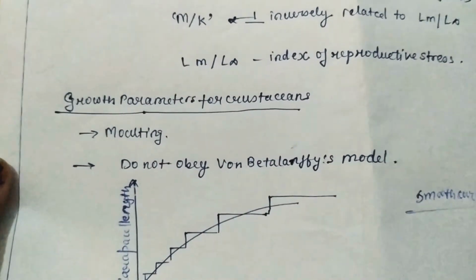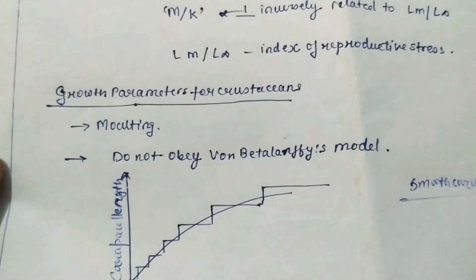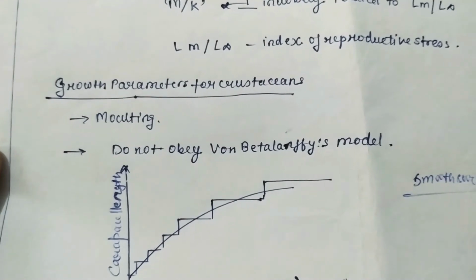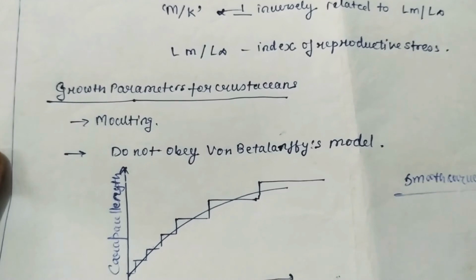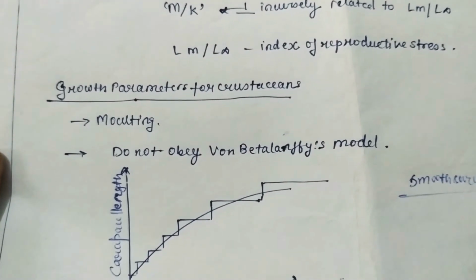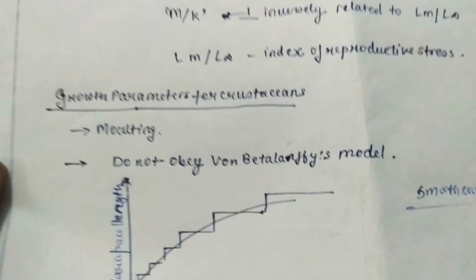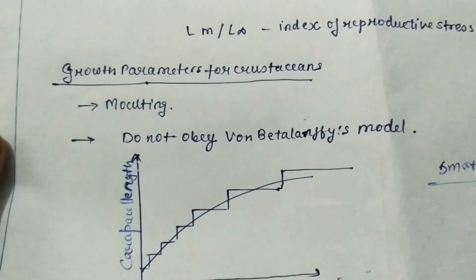The growth parameter for crustaceans does not obey the von Bertalanffy model. This is an important question that always comes: growth parameters for crustaceans do not follow this equation or model, and this is because of molting. In crustaceans, as they grow, molting occurs, and also during the reproduction phase molting occurs.